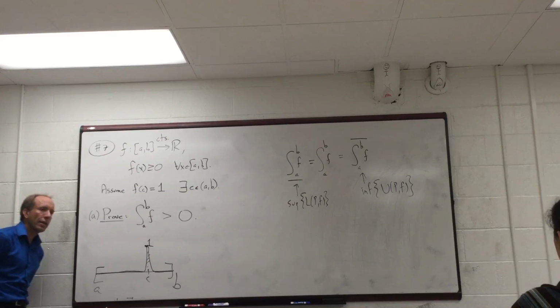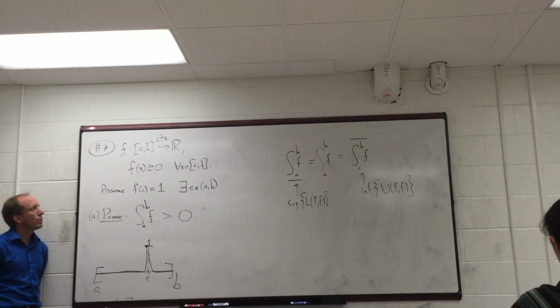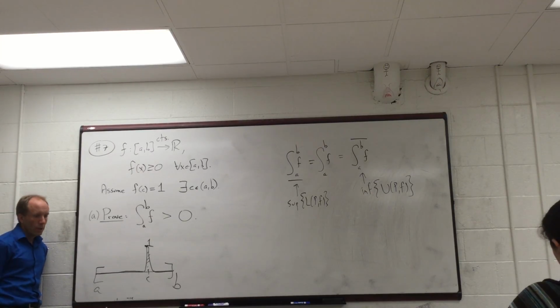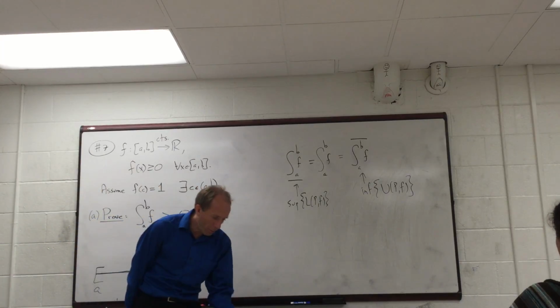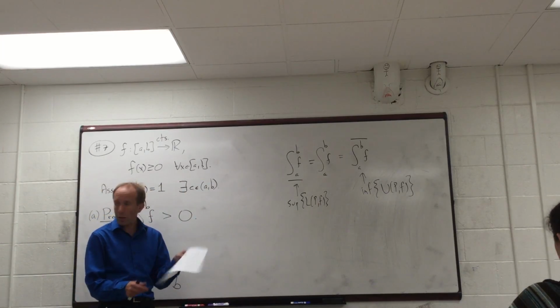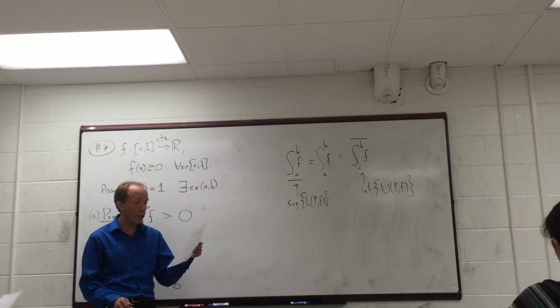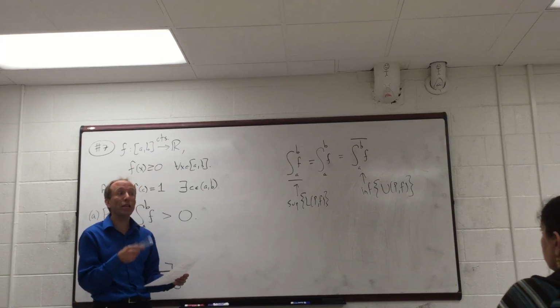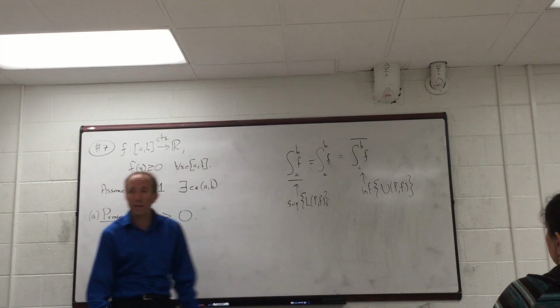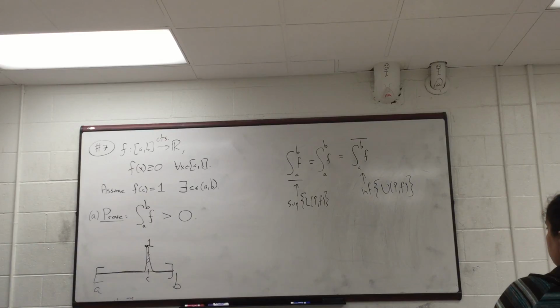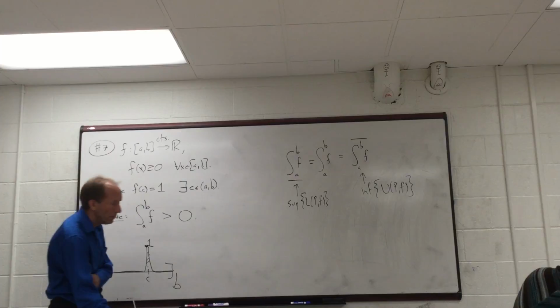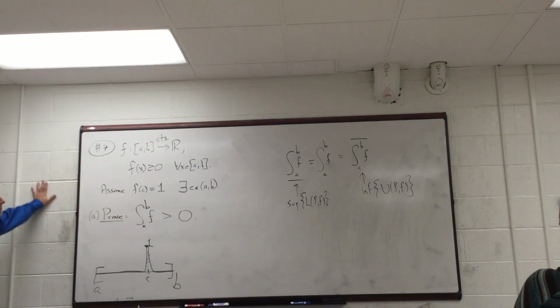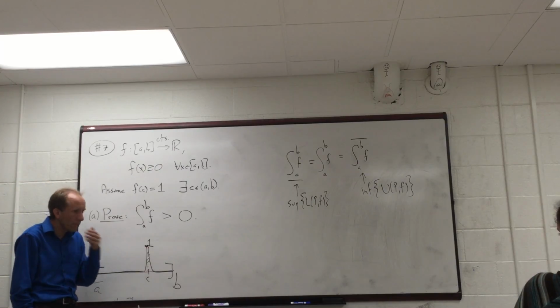Anybody have any thoughts on how to maybe do this? And by the way, you're going to see in part B of the question, which we aren't getting to yet, that part B says, show that this is not true if f is not continuous. We have to use the continuity of f here. f is a continuous function, so something like this.